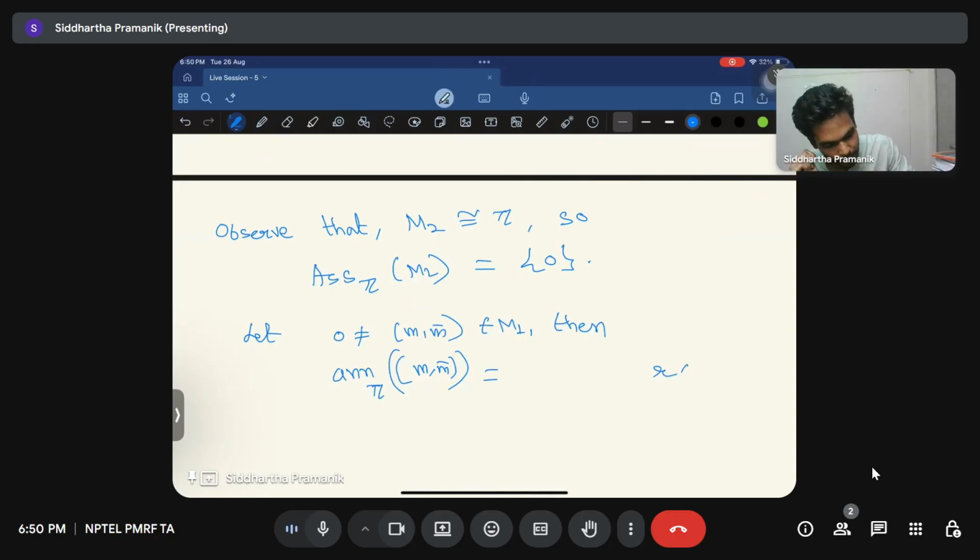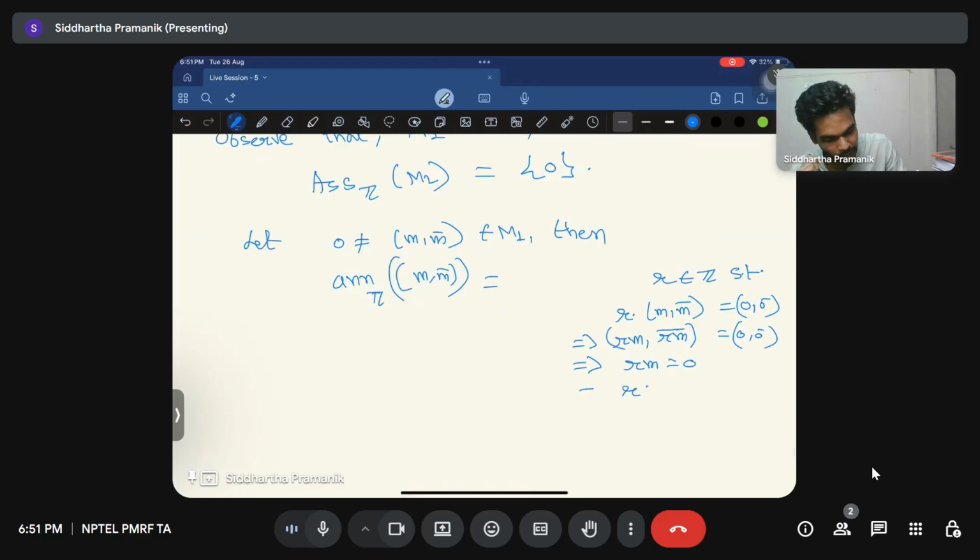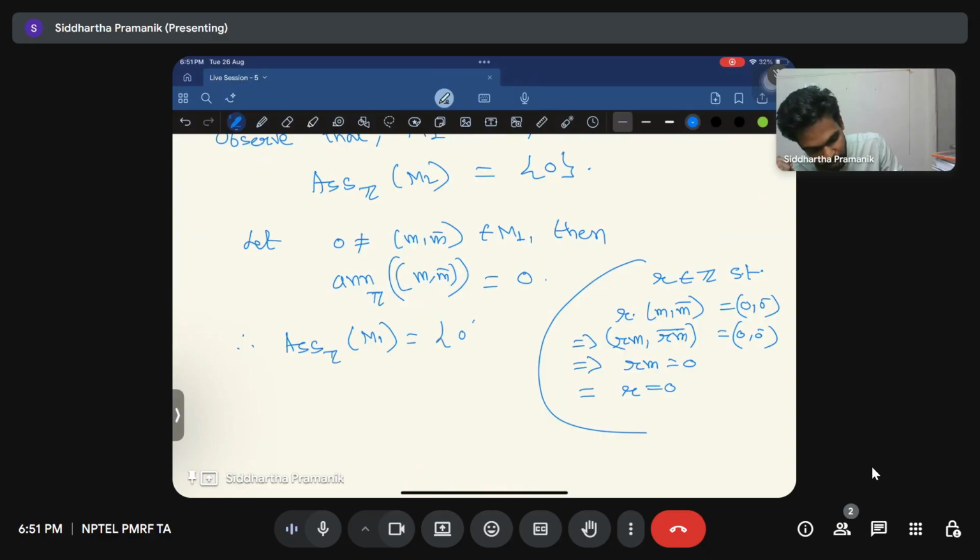If r belongs to Z such that r times (m, m bar) equals (0, 0 bar), then (rm, rm bar) has to be (0, 0 bar), which implies rm equals 0. But m is non-zero and Z is a domain, so r has to be 0. So this annihilator has to be the zero ideal, and the associated primes of M1 over Z has to be only the zero ideal.